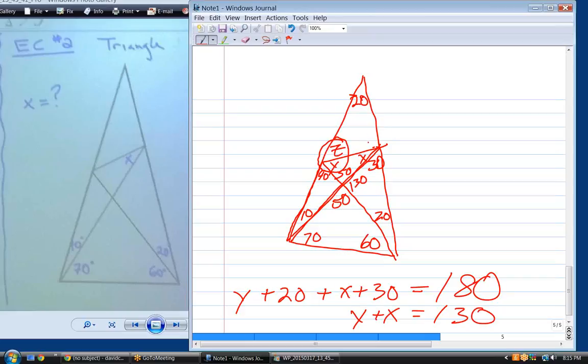And this angle is 150 minus x. So we have y plus z equals 140.